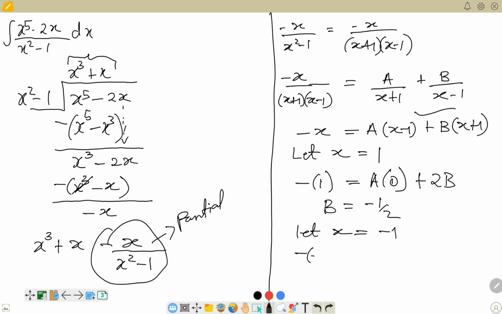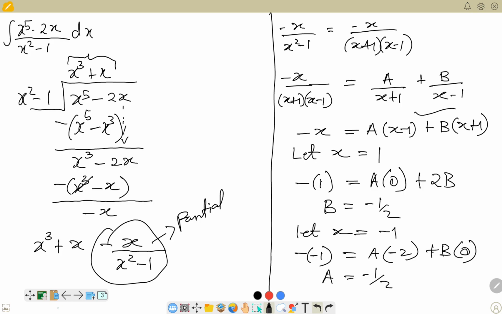When we put negative 1 where there is x, on the side of a we'll get negative 2. Then on the side of b, we'll get 0, because negative 1 plus 1 is 0. Then solving this equation will give us that a is also negative 1 over 2.